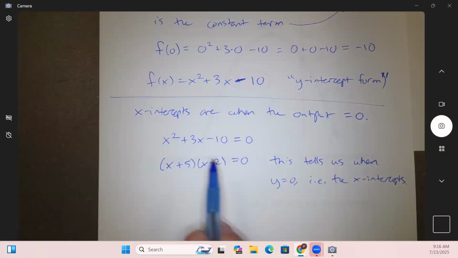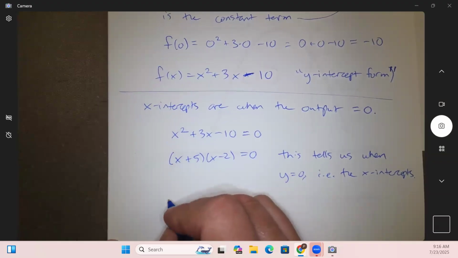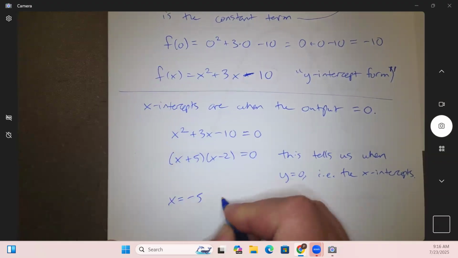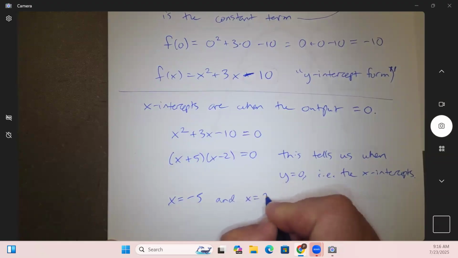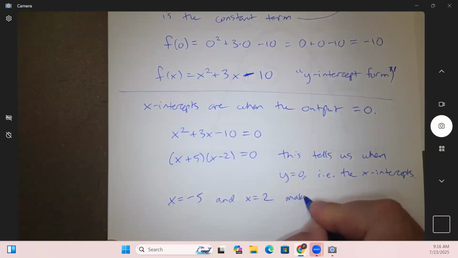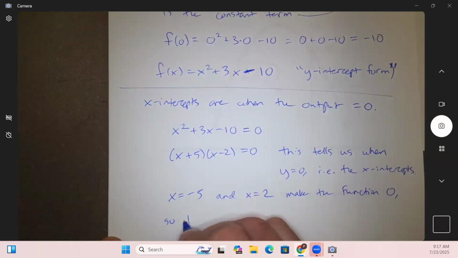There are lots of times when you want to know when the output equals 0. x equals -5 and x equals +2 make the function 0. So these are the x-intercepts.